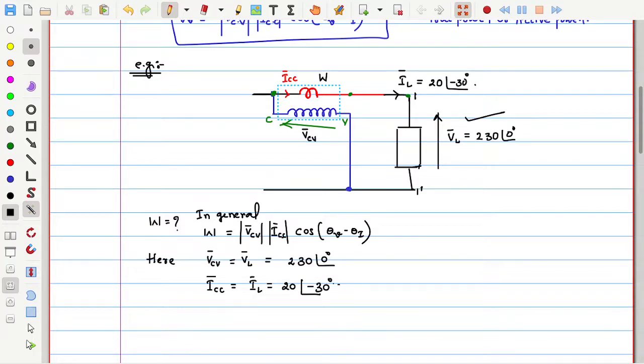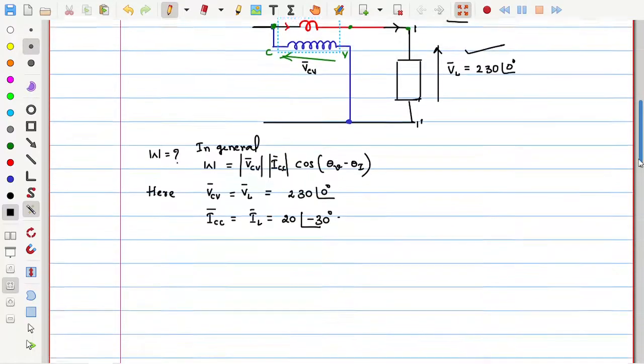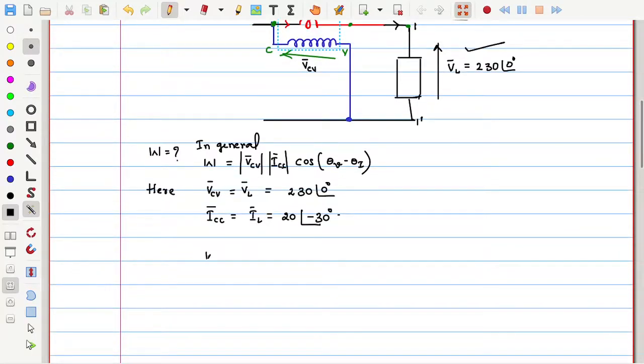Once I know the current coil current and voltage coil voltage, it is easy to find the wattmeter reading. So let us find it now: W is equal to the voltage magnitude 230, into the current magnitude 20, into cos of the voltage angle 0 minus the current angle, so minus 30.